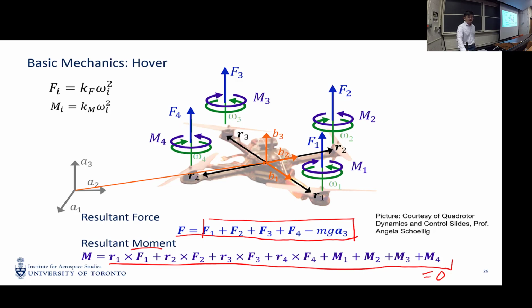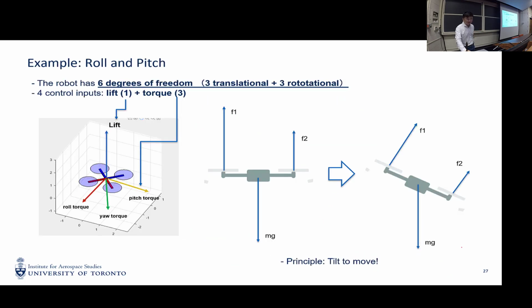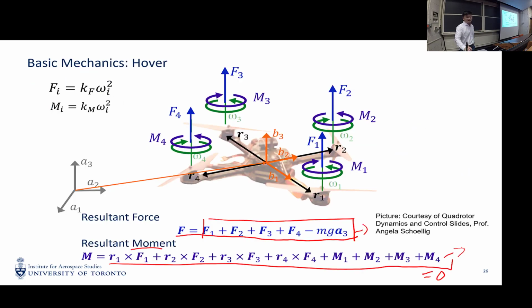Now you are facing an issue: if I want to get the lift on each individual rotor, I only have 2 equations, one is the force equation, one is the torque equation. Then how do I solve for the lift on individual motors? Because we have 4 unknowns. Well, I will talk about this in later slides.